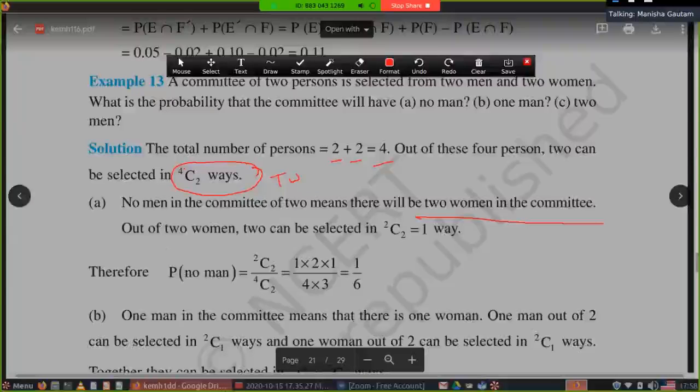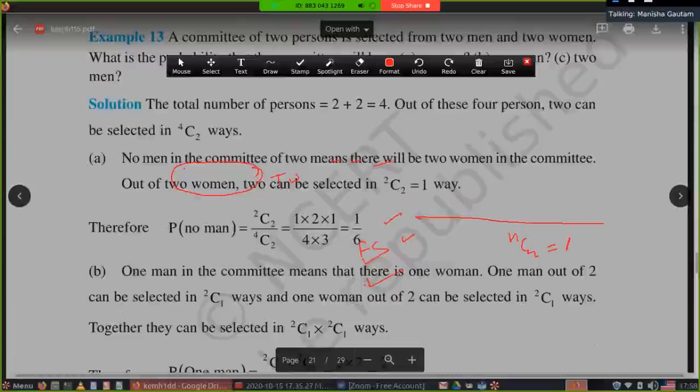It means both persons will be women. Out of women, total women are 2. Out of 2, you have to take 2. The combination nCn is equal to 1. So favorable cases equal to 1. Total cases 4C2, you will calculate, that is 6. 1 upon 6 is the answer of the first part.